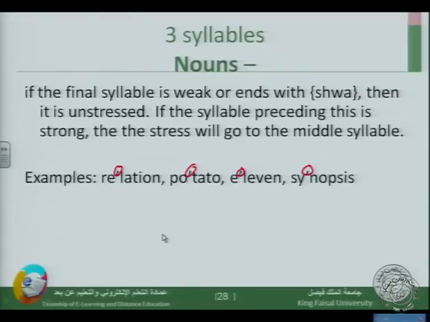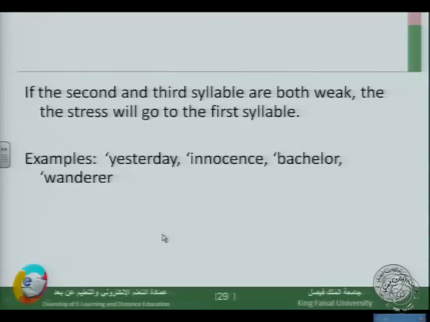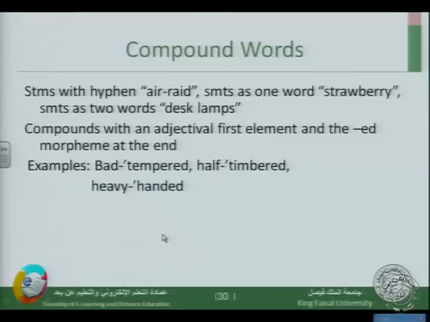Why? Because it usually starts with a schwa. Okay? If the second and third syllables are both weak, the stress will go to the first syllable, like yesterday, innocence, bachelor, wanderer.